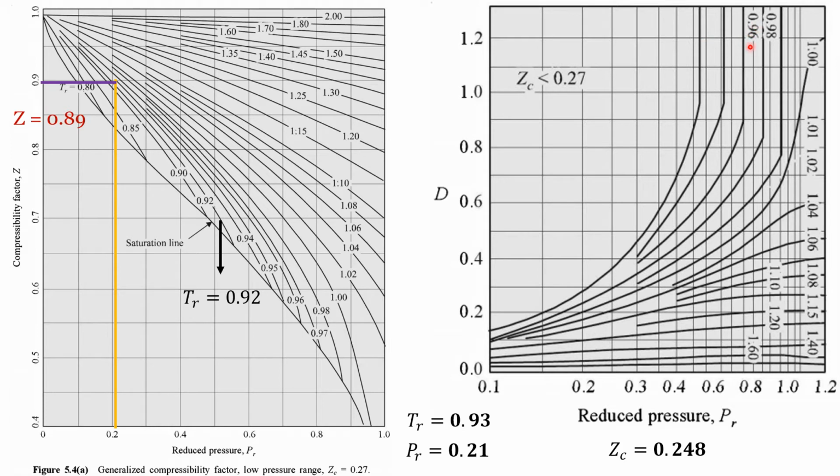So it should be 0.94, and between this and this line 0.93 should come. So we have to roughly estimate where this line will go.